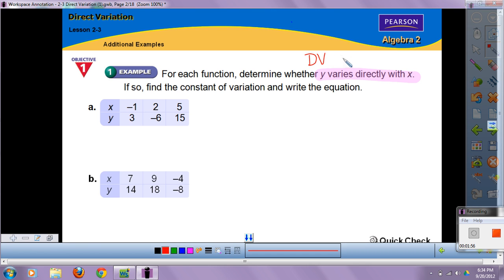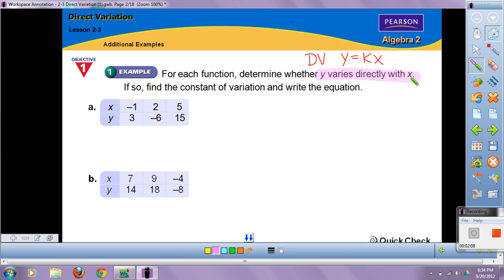Remember that a direct variation is an equation of the form y equals kx, where k is your constant of variation. Being constant, that means it will not change. And they've asked us, if it does vary directly, to find the constant of variation, again that's your k, and then to write the equation, an equation of the form y equals kx.